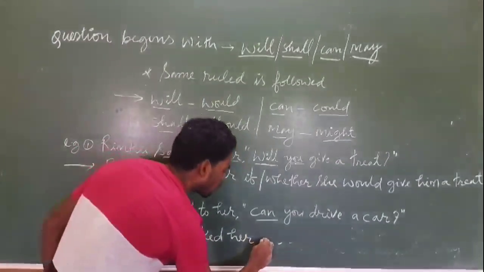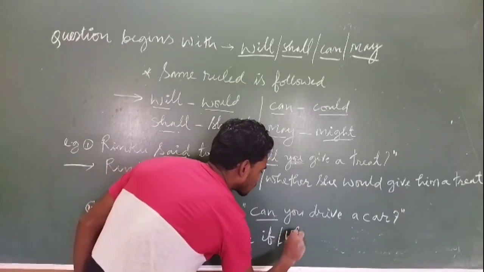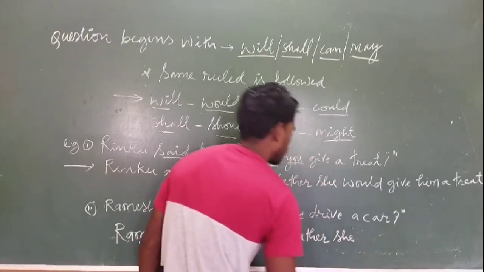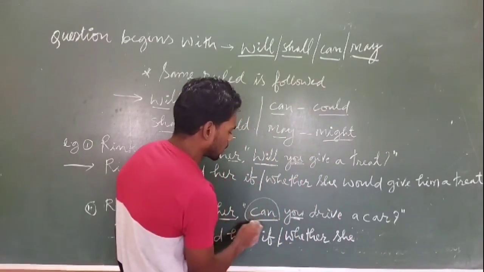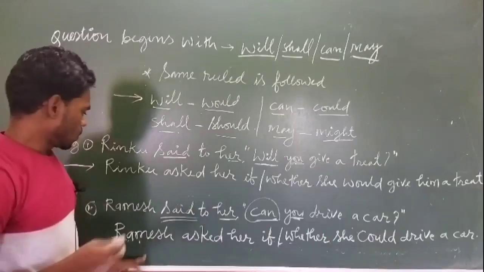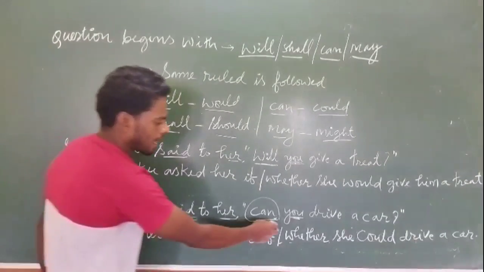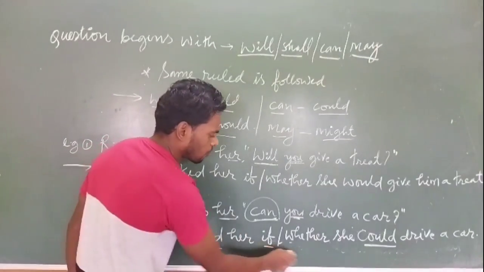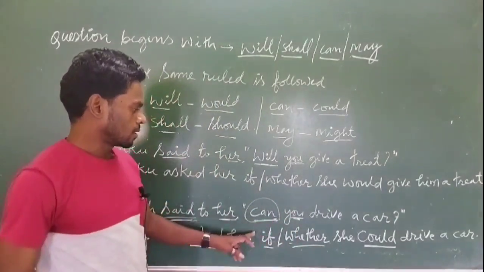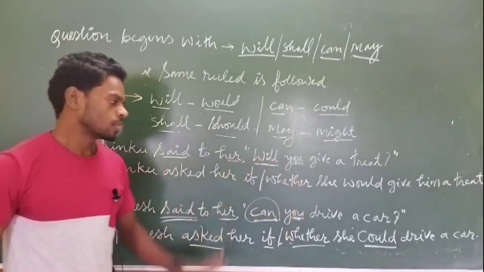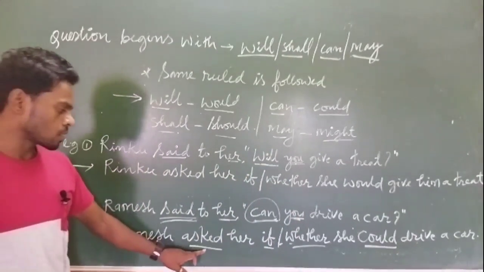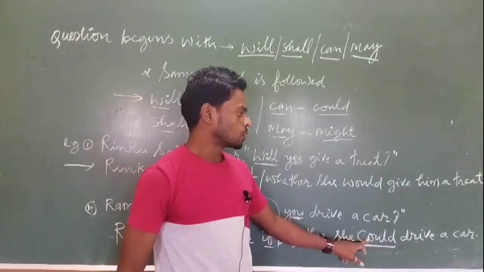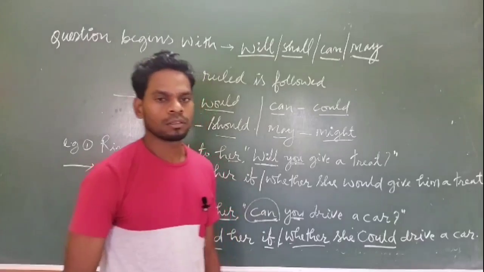So asked her if or whether she could. Can will change into could. So said changes into asked, can changes into could, and we use the conjunction if or whether. And accordingly we change the sentence. So it will be: Ramesh asked her if or whether she could drive a car.